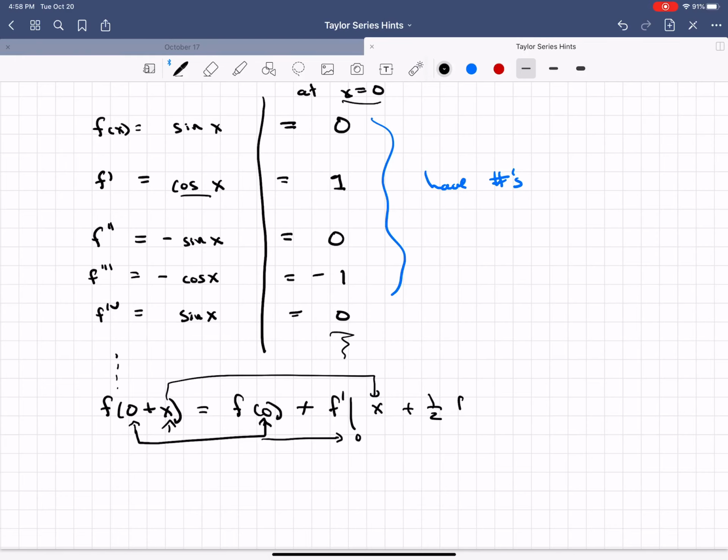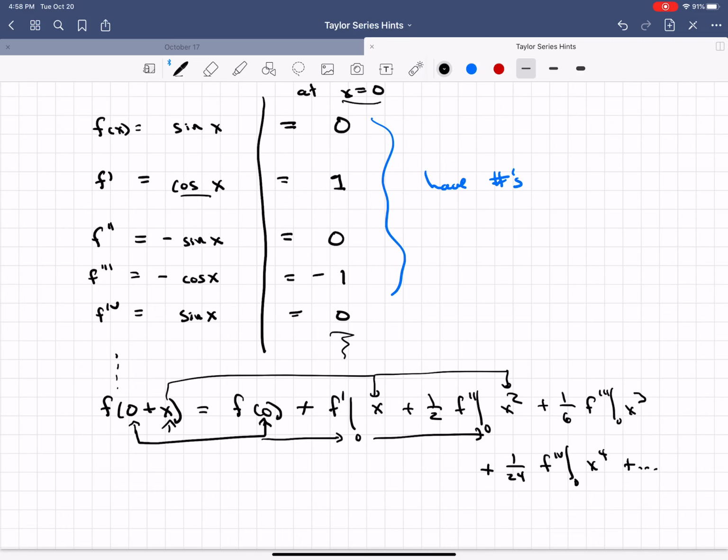Plus a half of f double prime at 0, again evaluating at 0, times x squared. Plus 1 over 6, f triple prime at 0, times x cubed. I went up to the fourth derivative here, so I'll keep going: 1 over 24, the fourth derivative at 0, times x to the fourth power. And I could keep going if I wanted to.